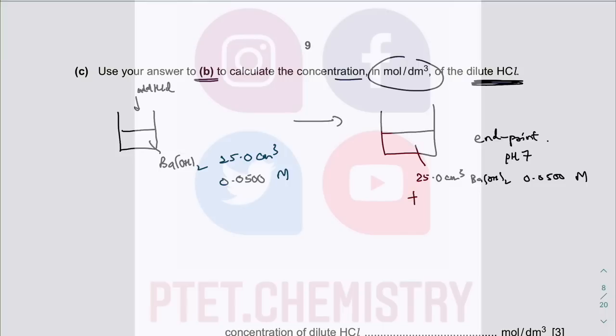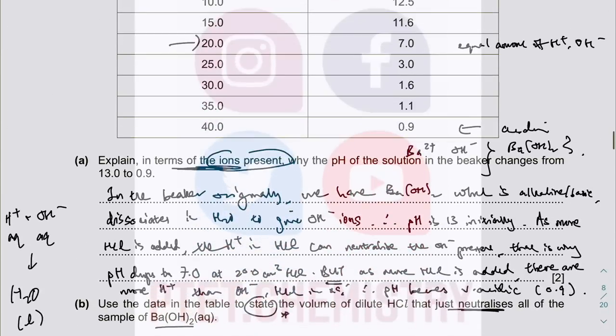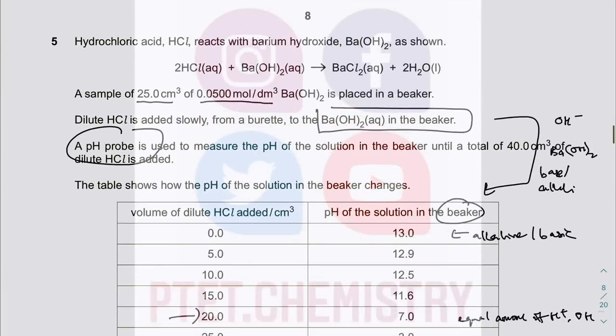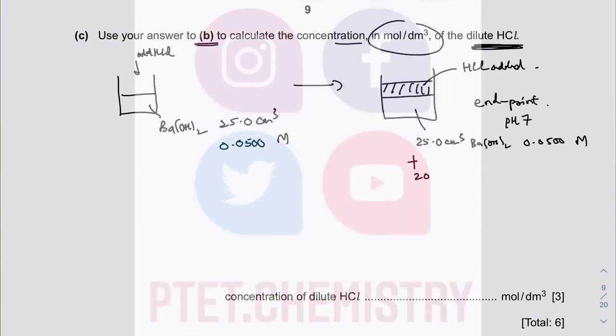But you also have something else which you have added. Yeah, HCl added. How much have you added? Well, you have added 20.0 cm cube, and the acid that you add, you don't know the concentration. So you have added 20.0 cm cube HCl. You don't know the concentration. Let that be Y.